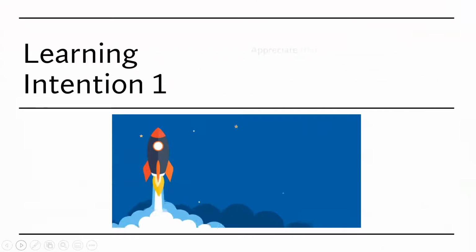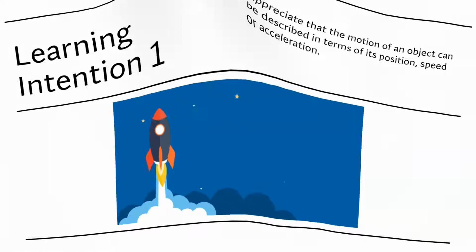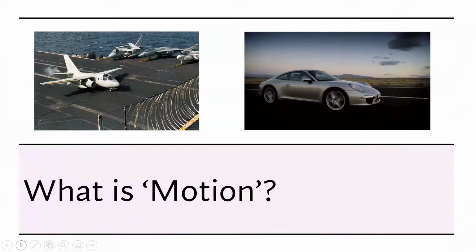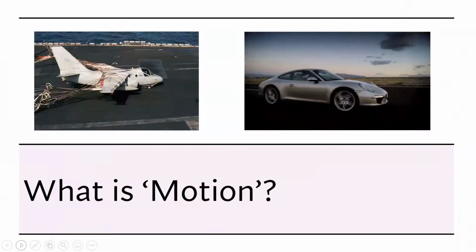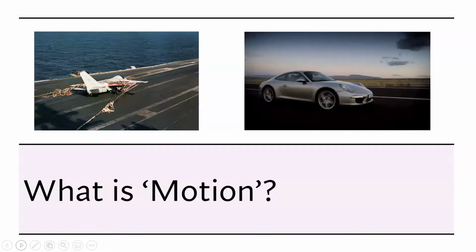So looking deeper into learning intention number 1, where we are going to look at motion of an object and look at these terms position, speed and acceleration. Okay, so what is motion? When someone says the word motion, what do you think of?